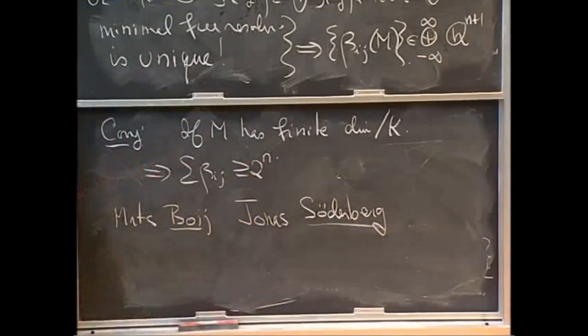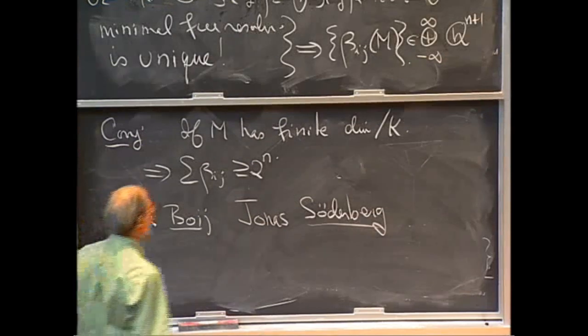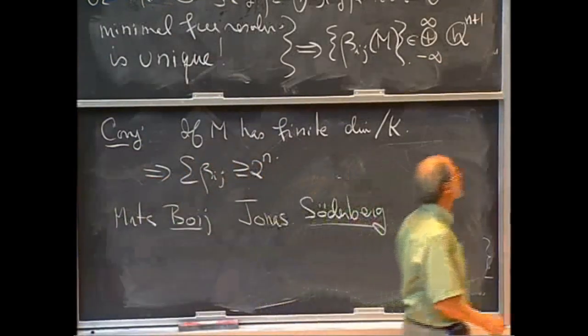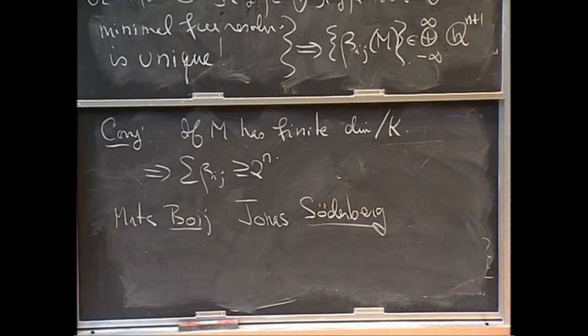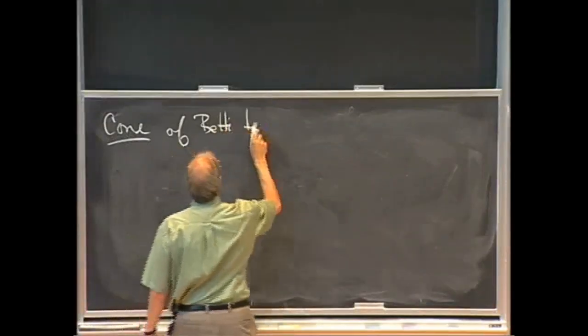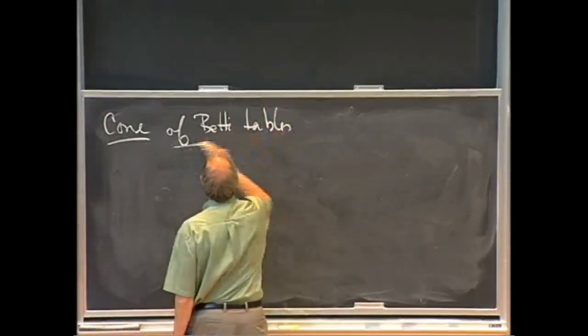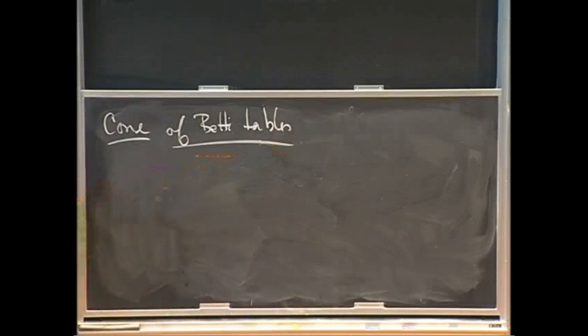And it describes not, unfortunately, which values the invariant can have, but rather the cone of values that the possible invariants generate. So let's see why that's a natural idea. There's a cone of Betti tables. So this thing is the Betti table.